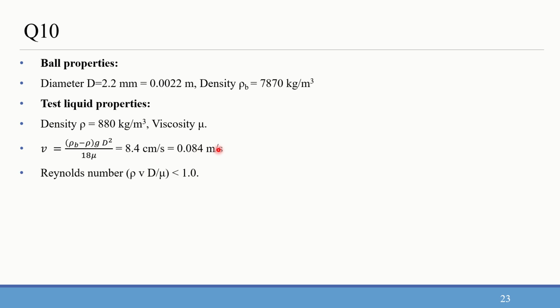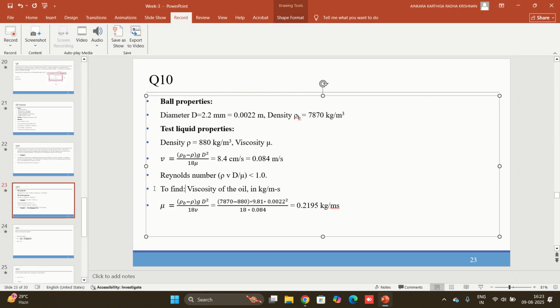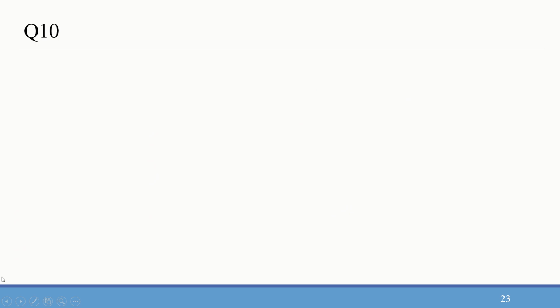So now Reynolds number should be less than 1, that is the criterion which it should satisfy. We need to find the viscosity of the oil in kg per meter second. So we are just going to use the same formula and calculate the value.